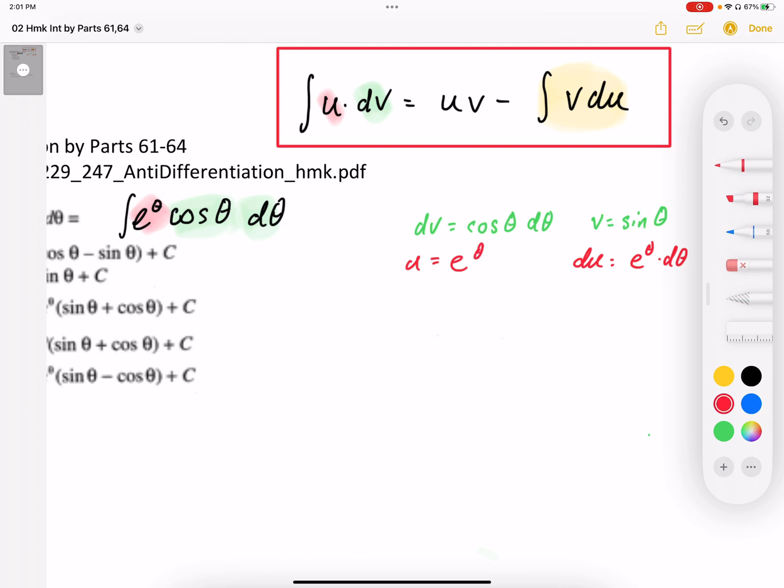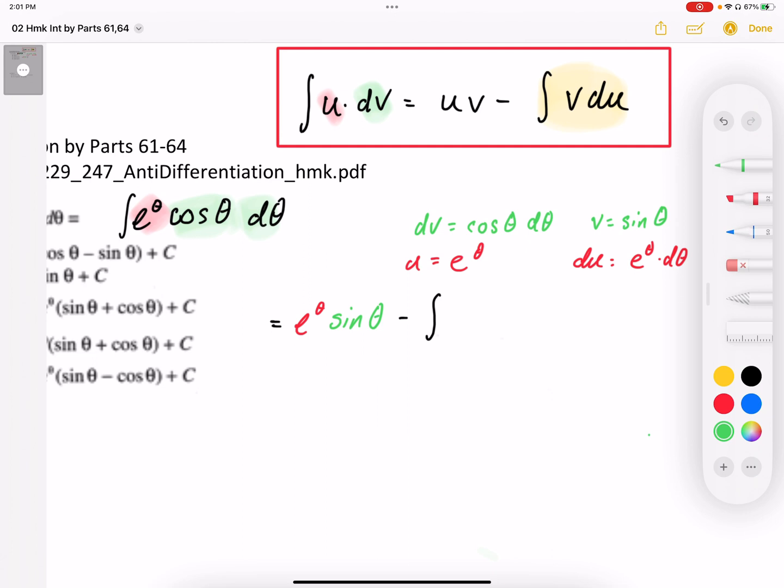Okay, so putting it into my formula, I end up with uv, so it becomes e^θ, v is sine θ, minus the integral v du.